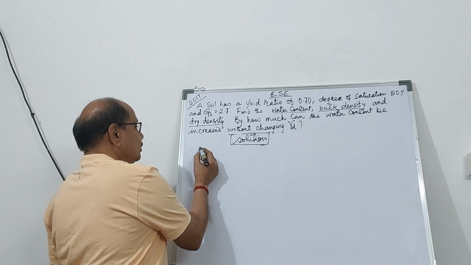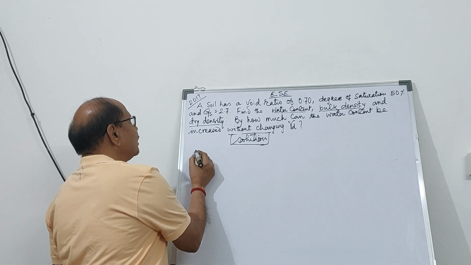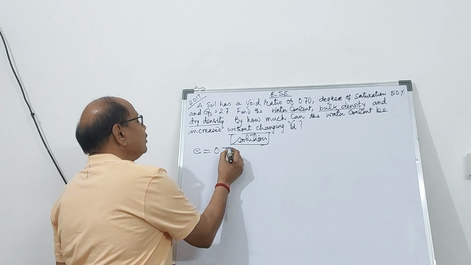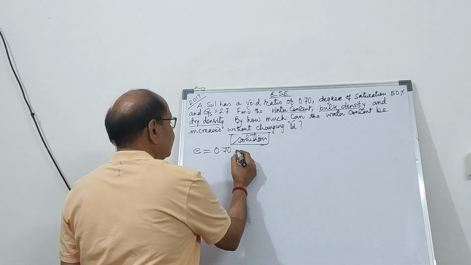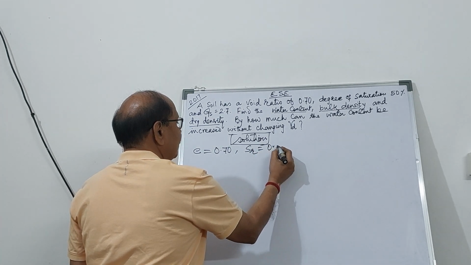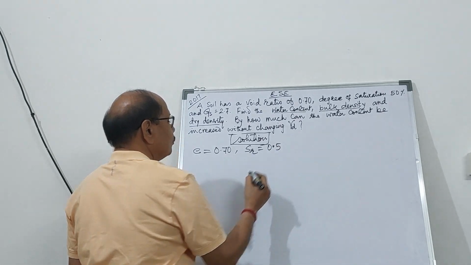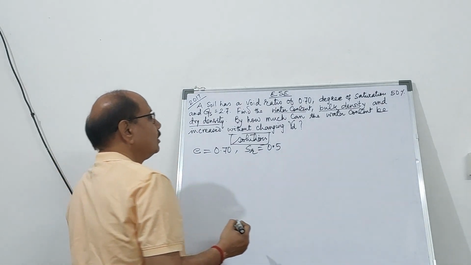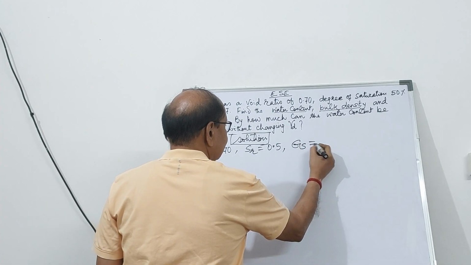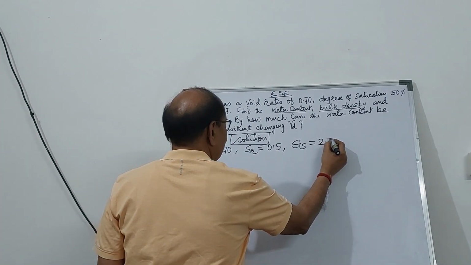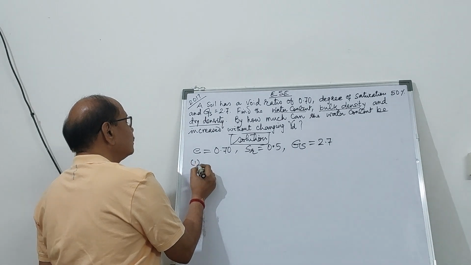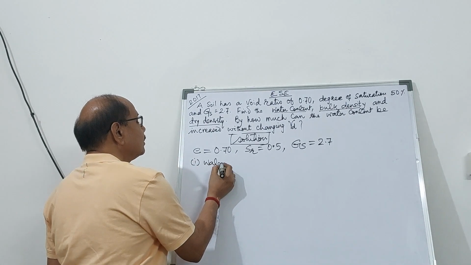So the basic properties of the soil are void ratio, which is given over here as 0.70, and degree of saturation SR is given as 50%, that is 0.5, and the value of specific gravity of soil solids GS equal to 2.7. So we have to find out first the water content.